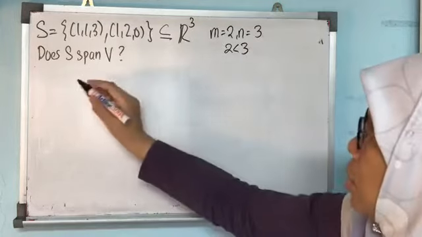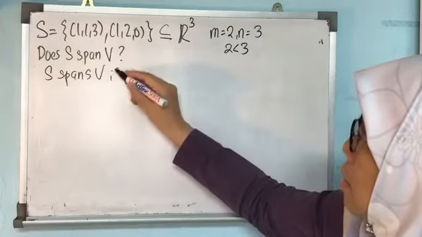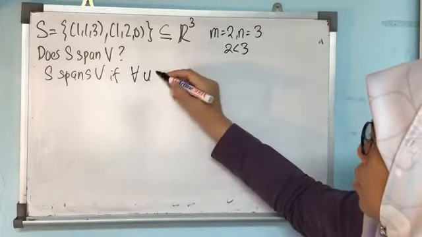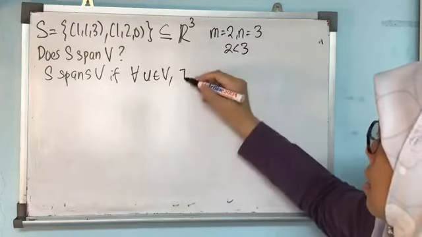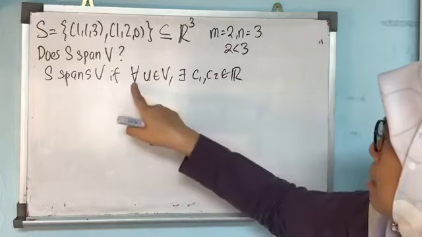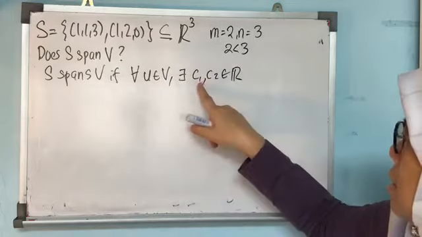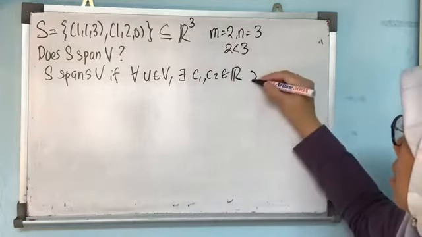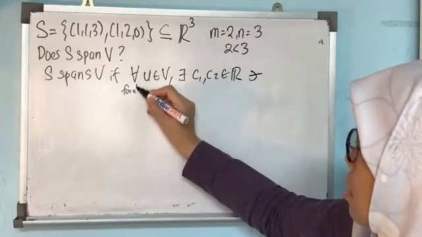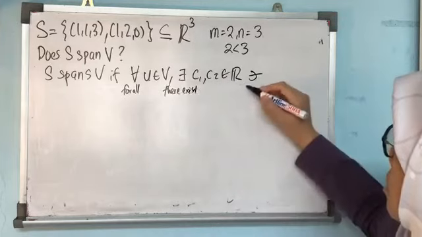Okay, so S spans V if for all U in V there exist C1, C2 in R such that, for all, there exists.